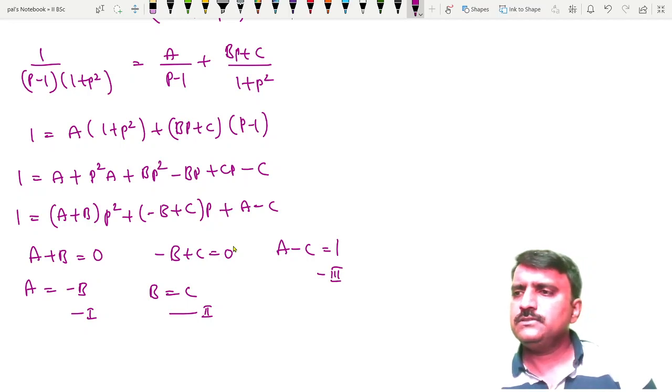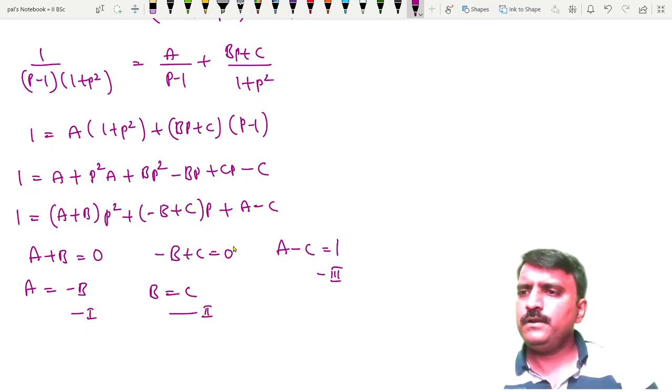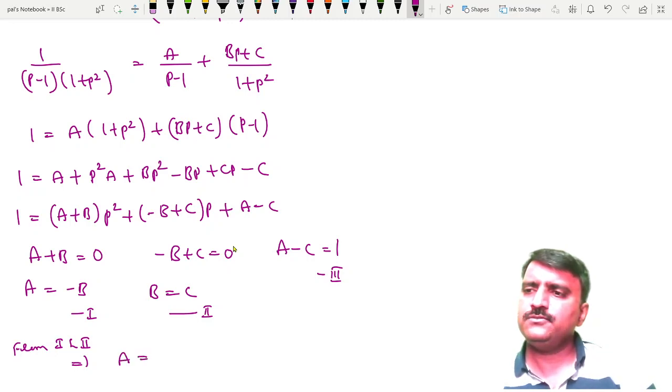Okay. So now from 1 and 2, in place of b we can write minus a, or in place of b we can write c. So a is equal to minus c.